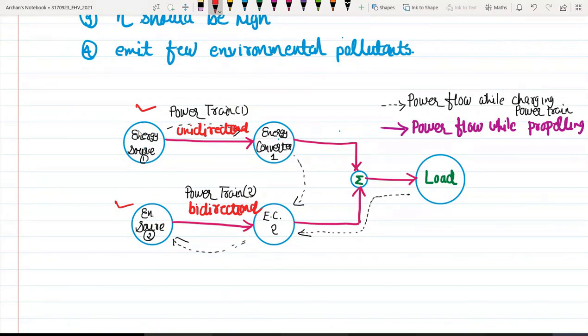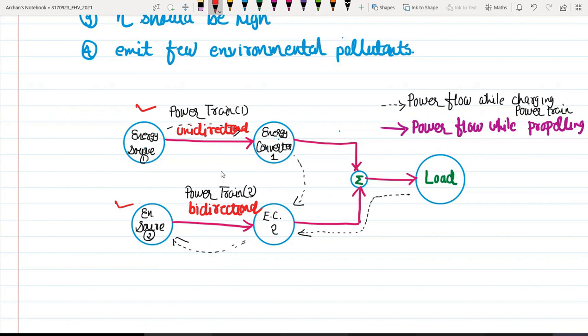Then the fifth possibility is powertrain 2 obtains the power from powertrain 1. This is also possible. As we have the energy source of gasoline in this particular case, if I want to charge the battery, then it is also possible that this energy converter 2 will draw some power from the energy converter 1, right?